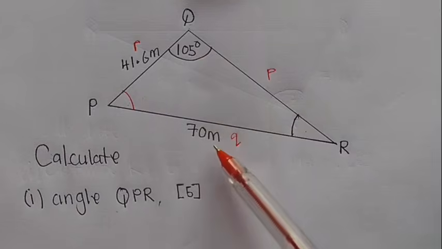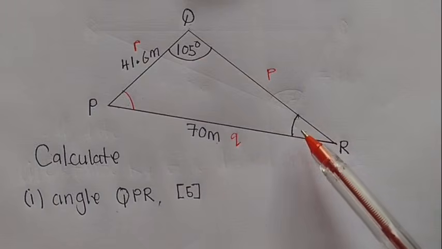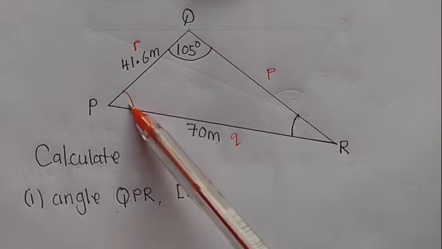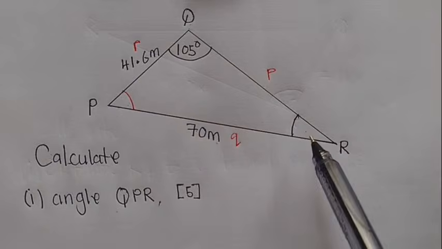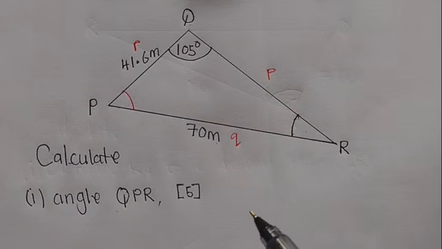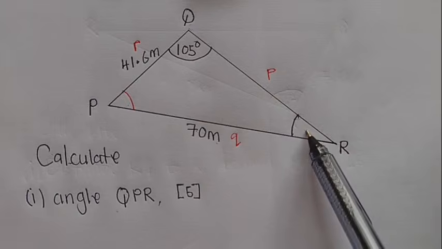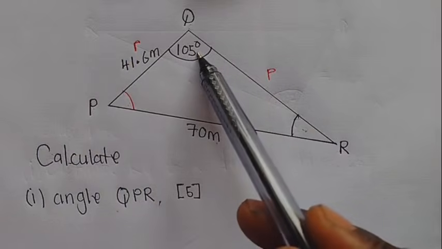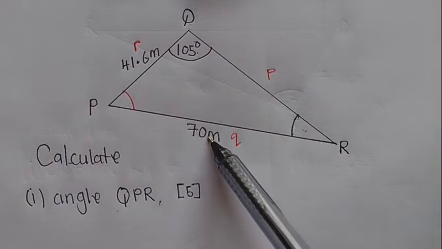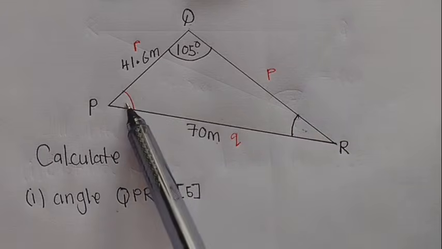When we find the angle at R, this angle will help us find the angle at P. To find the angle at R, we are going to use the sine rule, because I have two sides and an unincluded angle which I want to find.